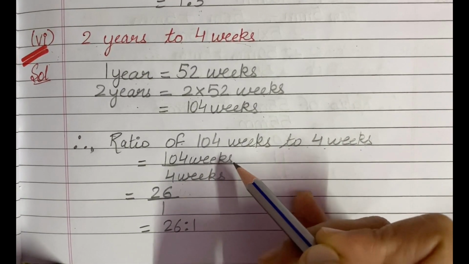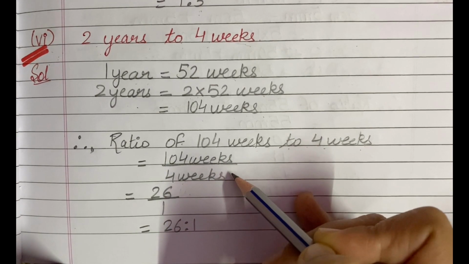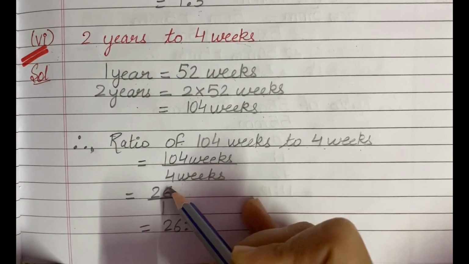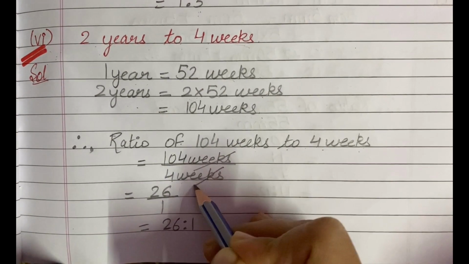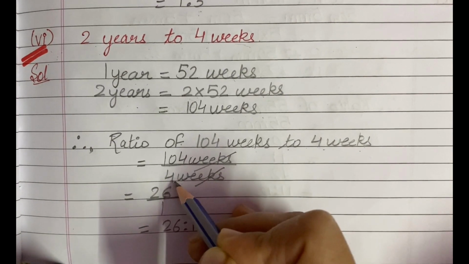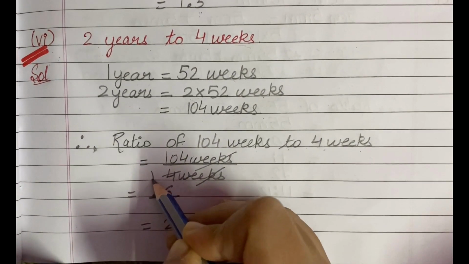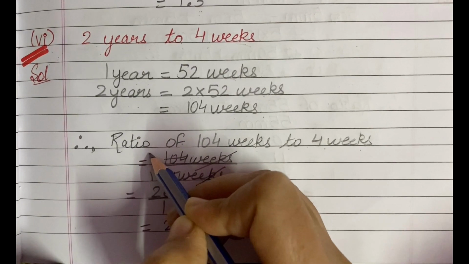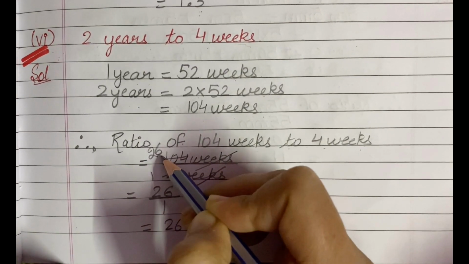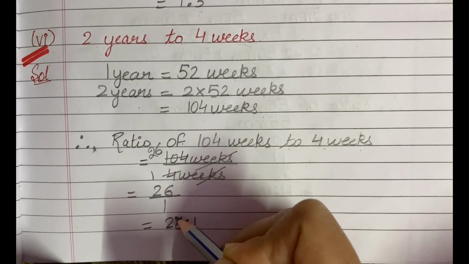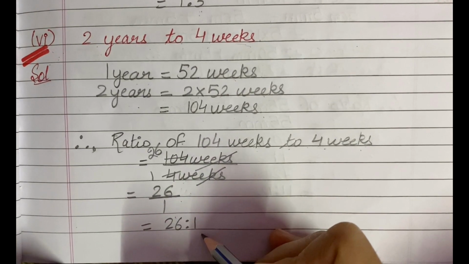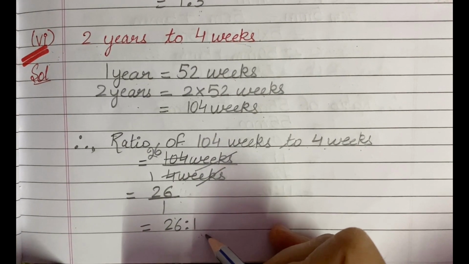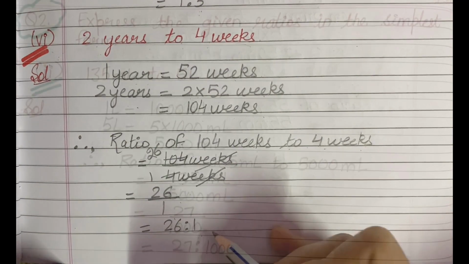In fraction form it will be written as 104 weeks upon 4 weeks, and the weeks and weeks will be cancelled out, and on solving this, 4 ones are 4 and here 4 twos are 8 and 4 sixes are 24. We will get 26 upon 1. That means 26 is to 1 is the answer. Hopefully it is also clear to you.